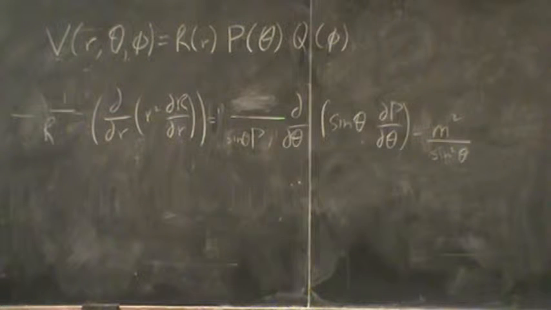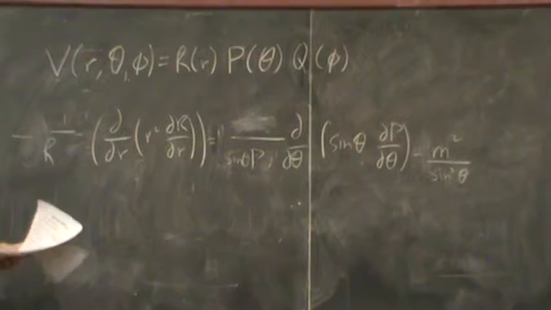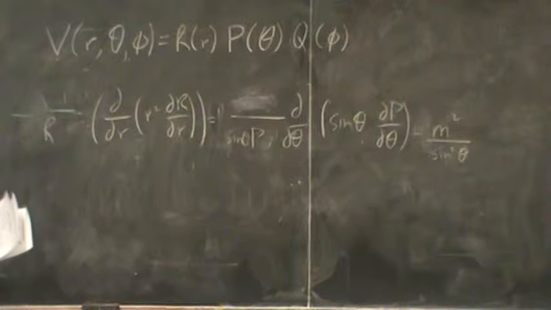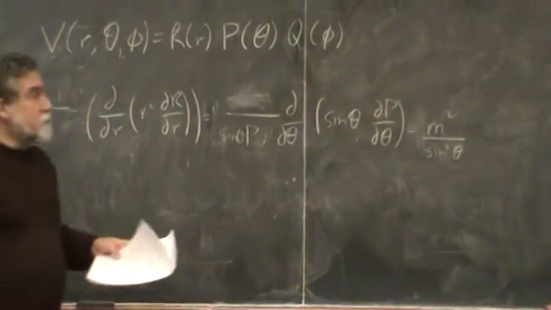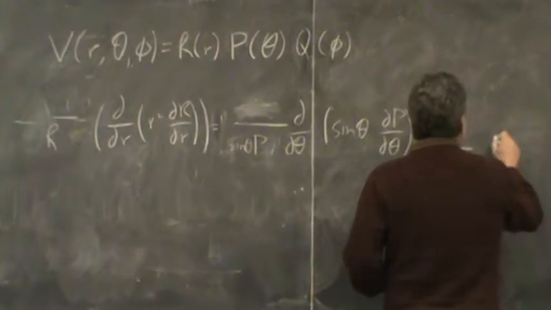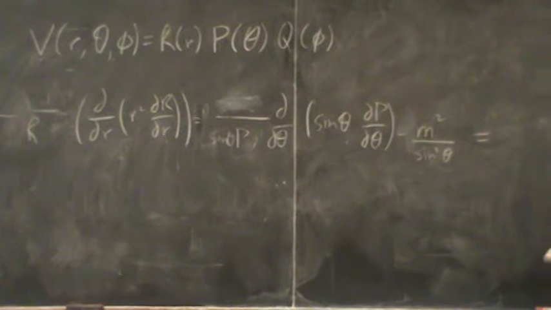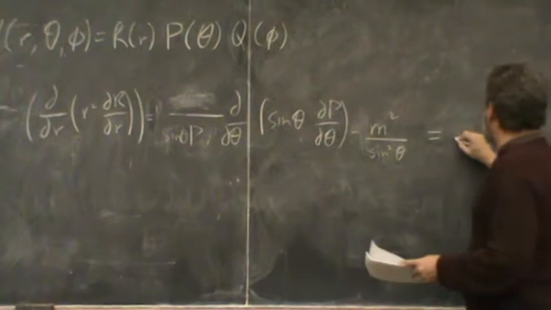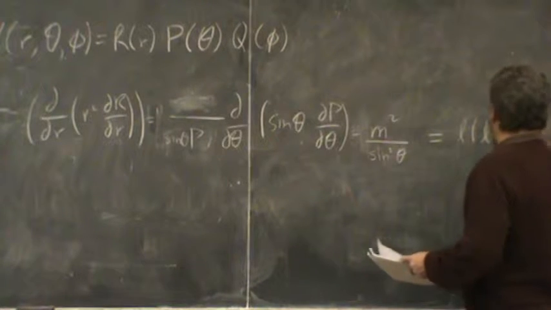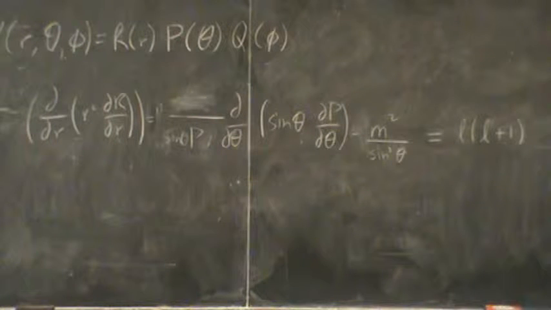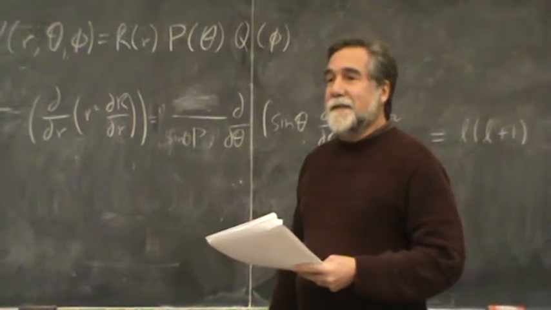Now comes the total cheat, because we know what the answer is going to look like. Mr. Legendre told us all about this. We're going to guess that the only way that could be true is if each side is equal to a constant, and that constant is L times L plus 1. Not L squared, but L times L plus 1, because we know the form that the solution is going to take in the end.